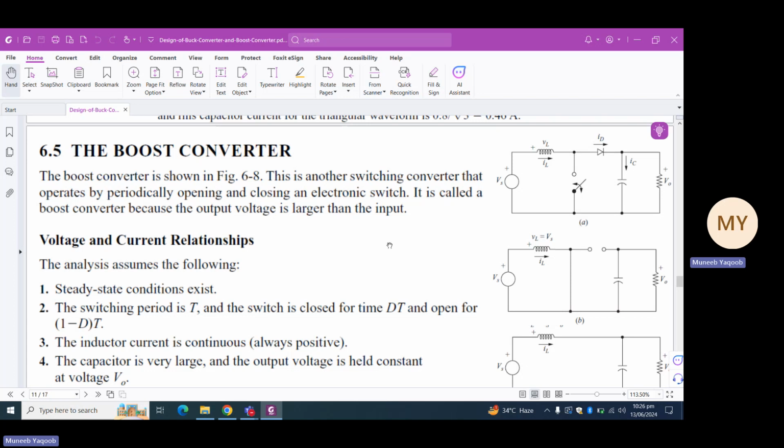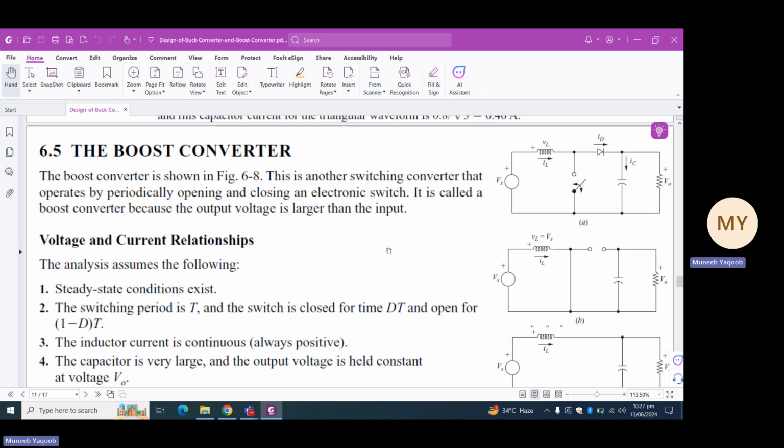As we made some assumptions in the buck converter, I want to assure you that those assumptions that were considered true for the buck converter are also assumed true for the boost converter. For example, we assume that the switches are ideal. They do not consume any power during their switching operation.